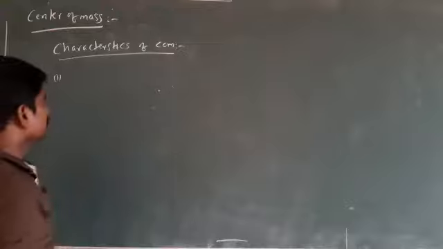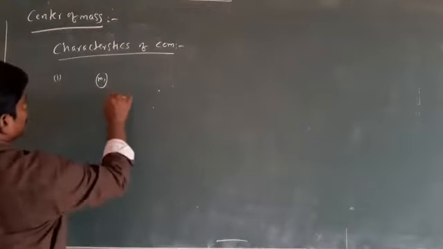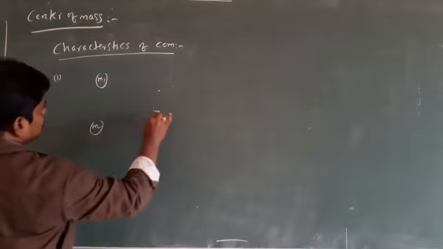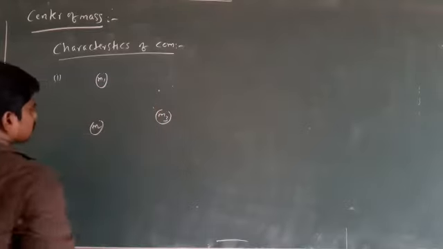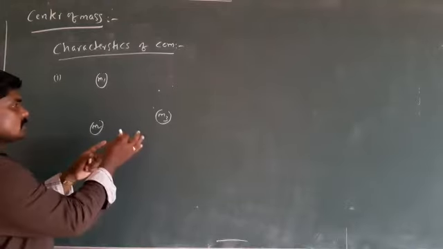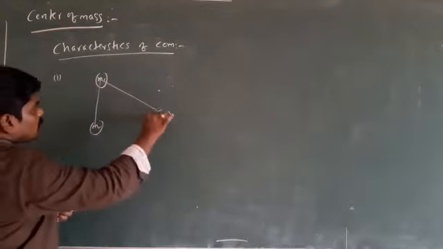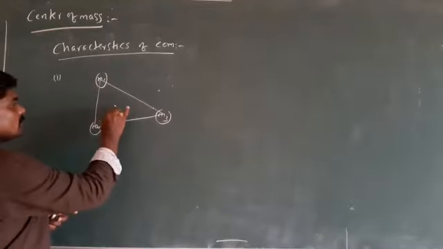For example, consider three particles. One particle of mass m1, another particle of mass m2, and a third particle of mass m3. This is one system; the system contains three particles. Now the center of mass of the system may be here.